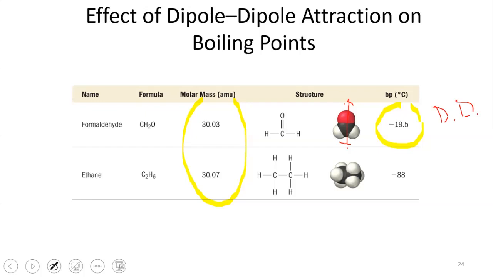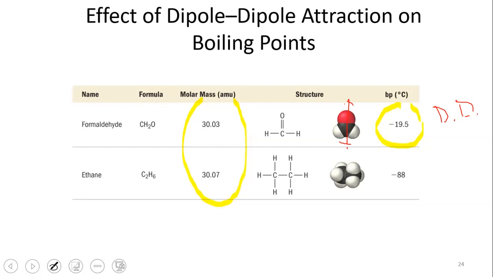So it tells you that for two compounds that have similar size molecules, the dipole-dipole force generates an extra amount of force. Now, why is the boiling point telling me that? Because remember, when I calculate the boiling point, what I'm asking is, to what temperature do I have to raise this liquid in order to get it vaporized? Or in other words, how much energy do I have to pump in to break up, not the molecules, but the interactions between the molecules of this substance so that they can be released into the gas state?